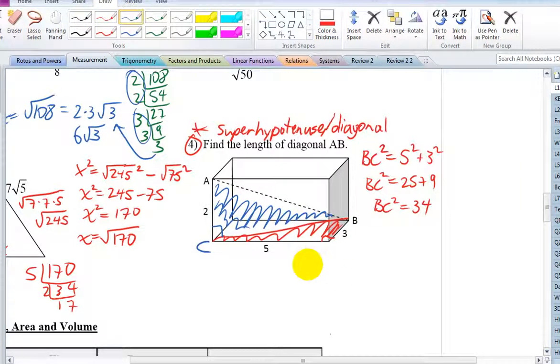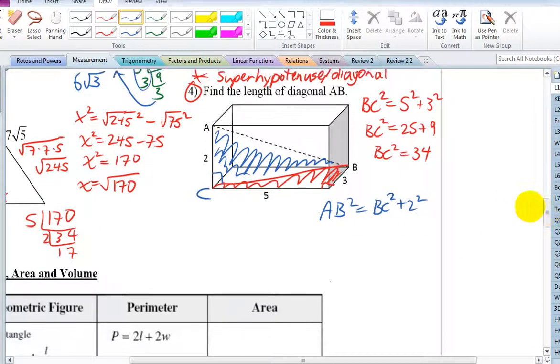And then this one should be blue. Okay, so now I want you to find AB. So AB squared equals BC squared. Oh, BC squared, you know what that is, plus 2 squared. So now you're finding the hypotenuse again. So you're finding the hypotenuse and then finding another hypotenuse.